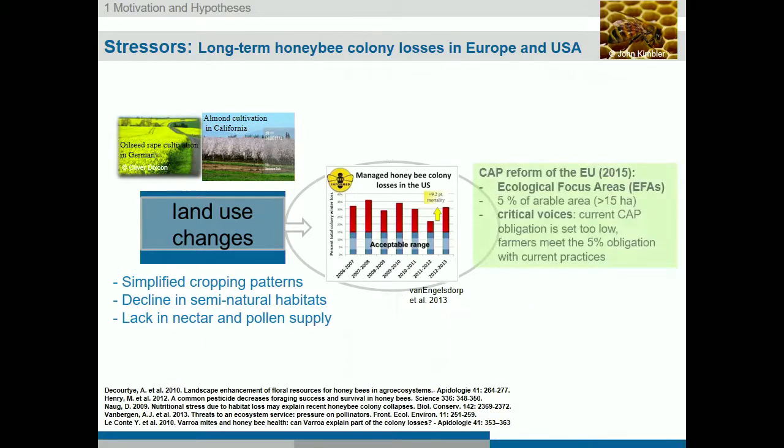The EU has already implemented some mitigation measures to improve the environment, and in the current Common Agricultural Policy reform of the EU, ecological focus areas are currently implemented that have to be established on at least 5% of the agricultural area.